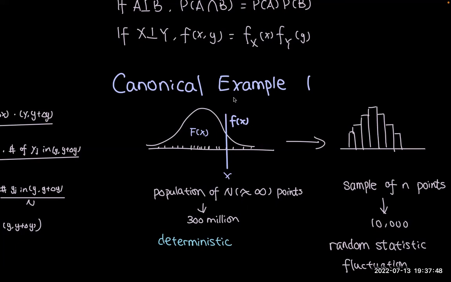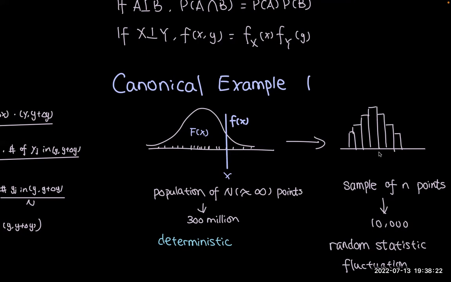So the population is fixed, and under random sampling, the probability becomes the population proportion. For example, what's the probability you get a point below x? That will be the population proportion of the points below x, which is capital F of x, right? But if you do the random sample, then the probability reflects itself as a frequency: how often you get a point below x, or within a given region.